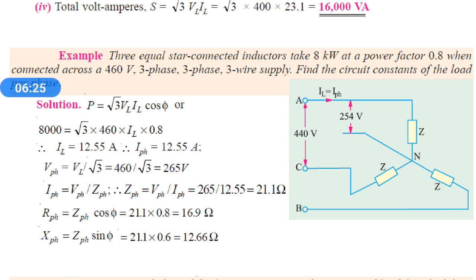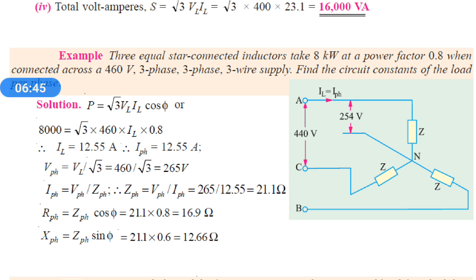In the given data, the power dissipated in the 3 phase star connected load is 8 kW, or 8000 watts. 8 into k means 10 to the power 3, so 8 into 10 to the power 3 means 8000 watts.